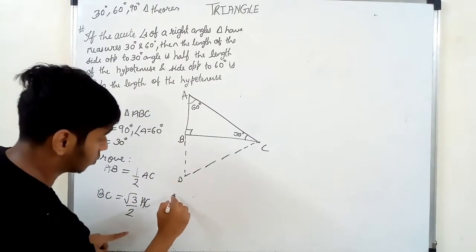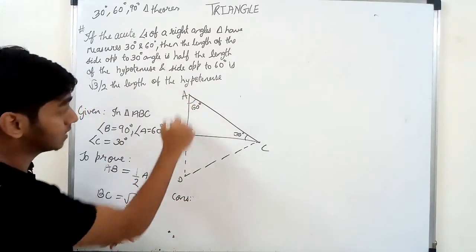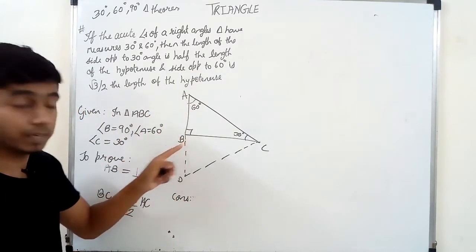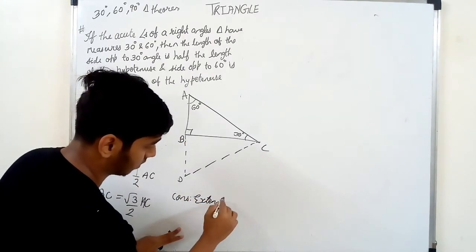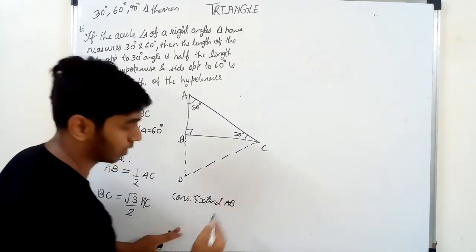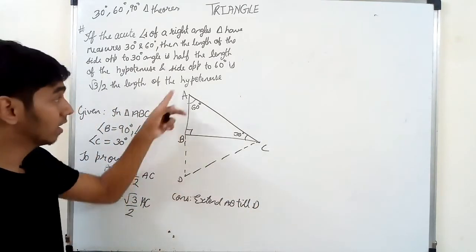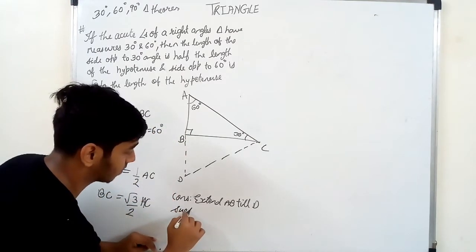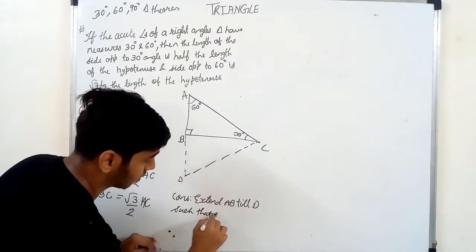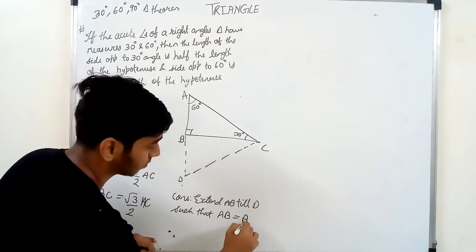So we'll write there, for construction: extend AB till D such that AB is equal to BD.